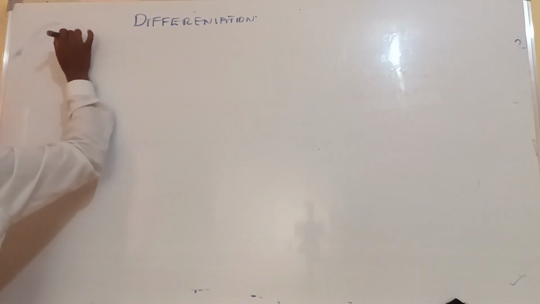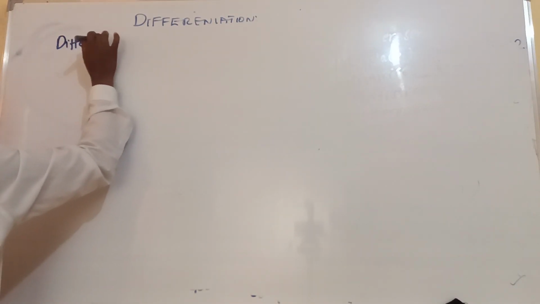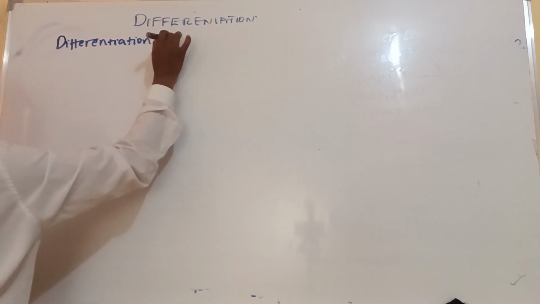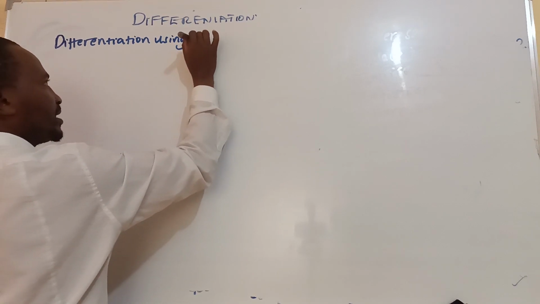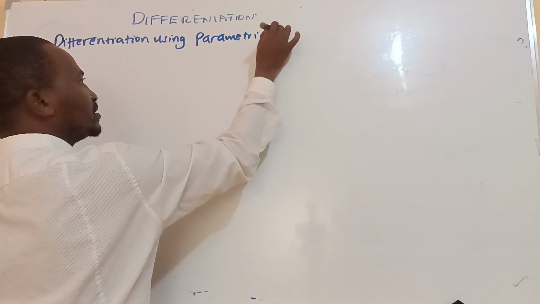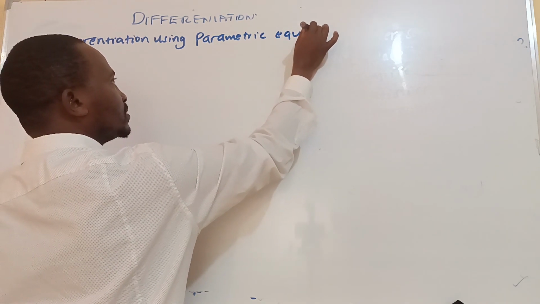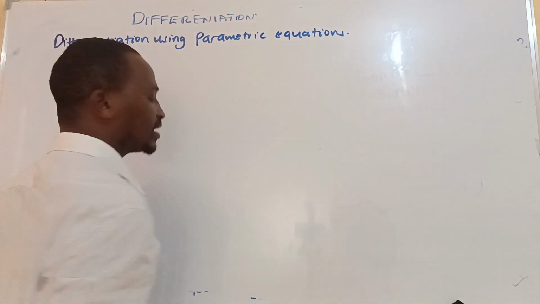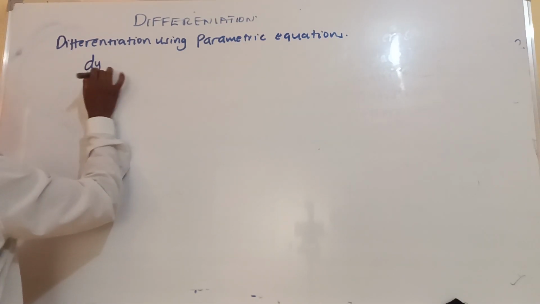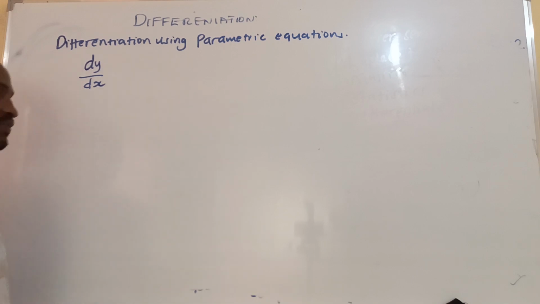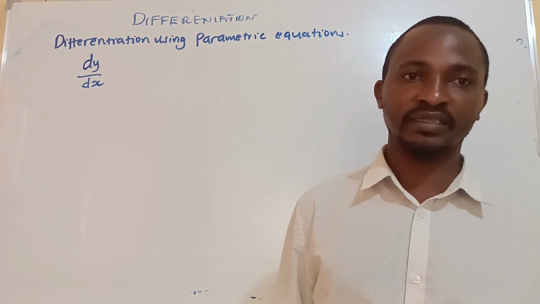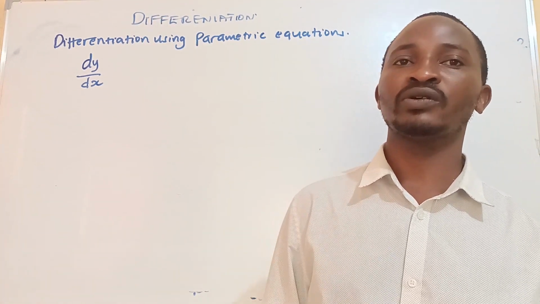Differentiation using parametric equations. Sometimes you may be required to get the derivative of y with respect to x, or the derivative of any other variable with respect to another variable, but we are using a third variable.